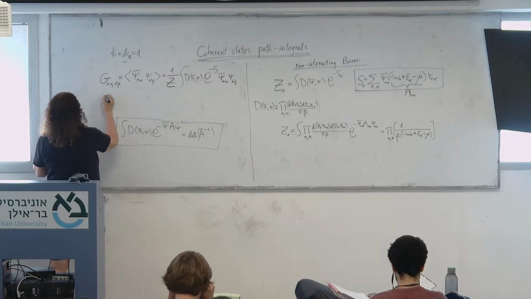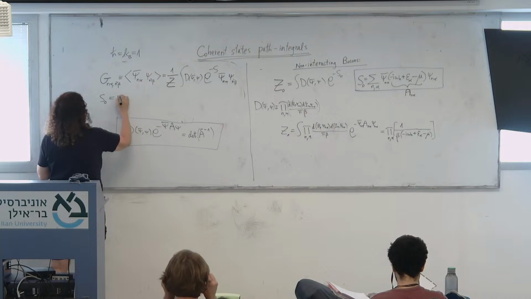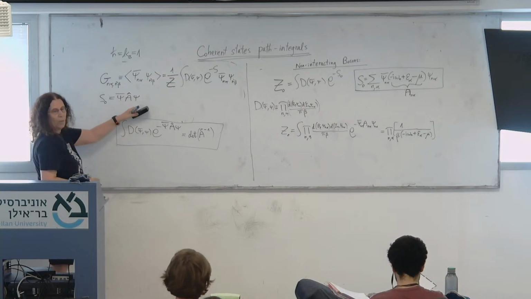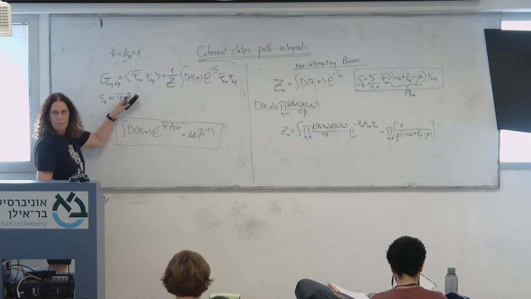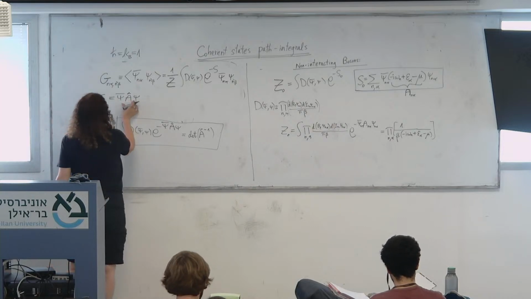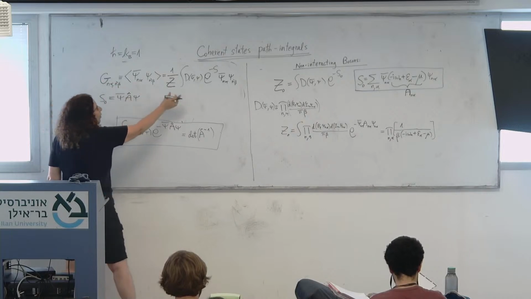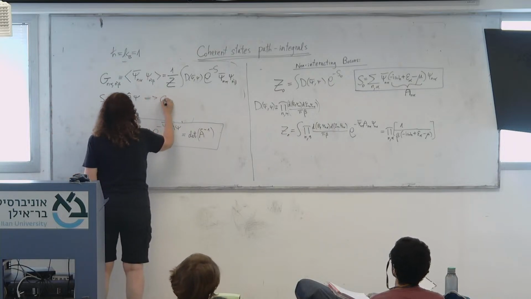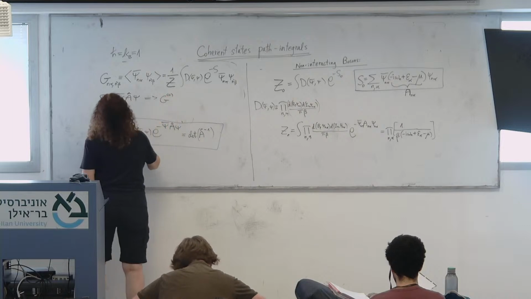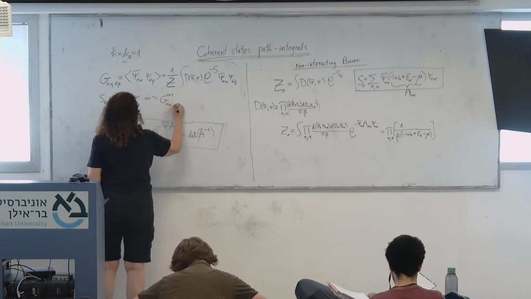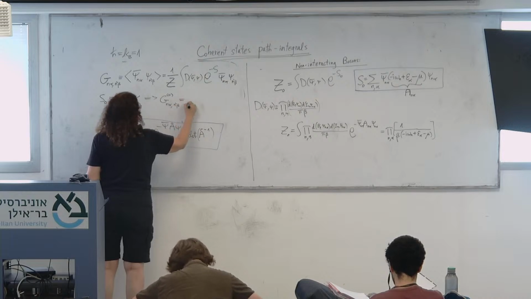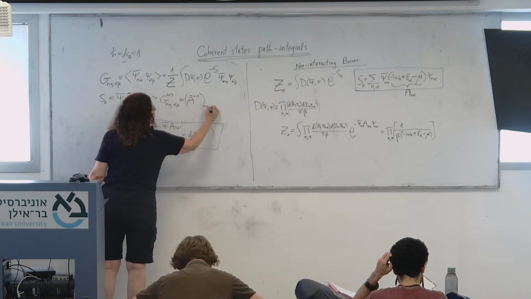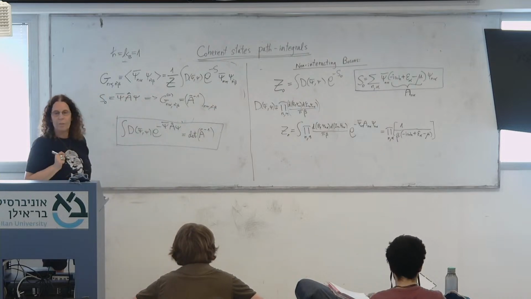So if S naught is of the form, I'm writing it very schematically, some quadratic form psi bar psi with some matrix A. Then once again, the calculation of the Green's function is just a simple Gaussian integral, and the result is that G naught n alpha, n prime beta is nothing but the n alpha, n prime beta element of the inverse matrix.